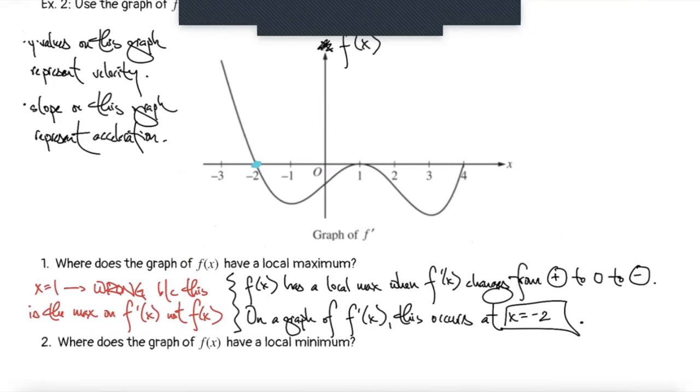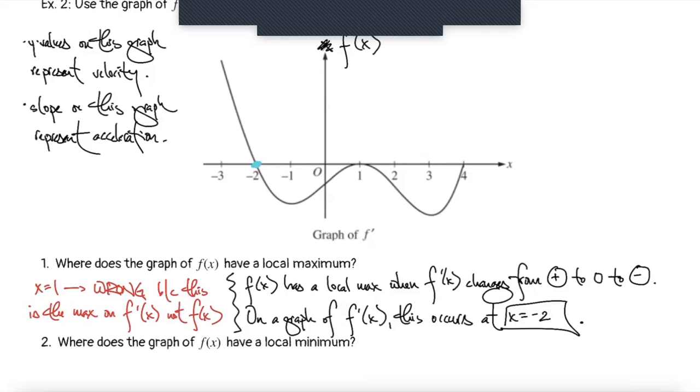Okay. So f of x has a local maximum when f prime of x changes from positive to 0 to negative. And on a graph of f prime of x, this occurs at x equals -2. Okay.